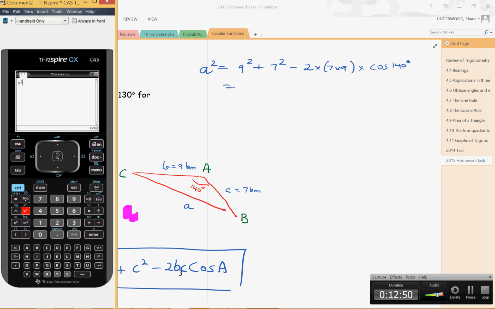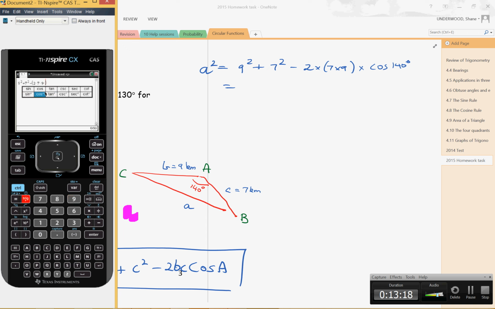So, we've got 9 squared plus 7 squared. Be careful with use of brackets and things. I now have to subtract, and I'm going to open a bracket up, so that it's all subtracted away. I've got the negative out the front, so I'm not going to make any mistakes there. 2 times 7 times 9 times, be careful if you're not in degrees mode.